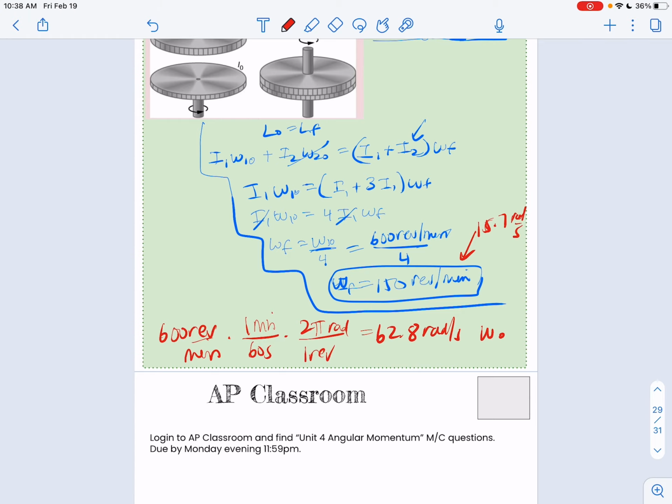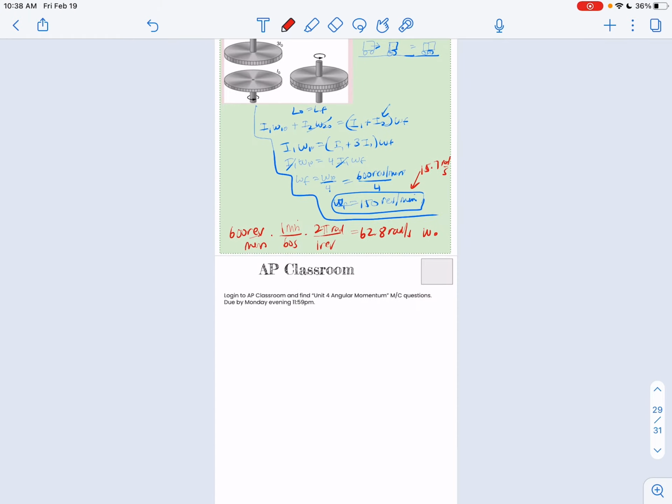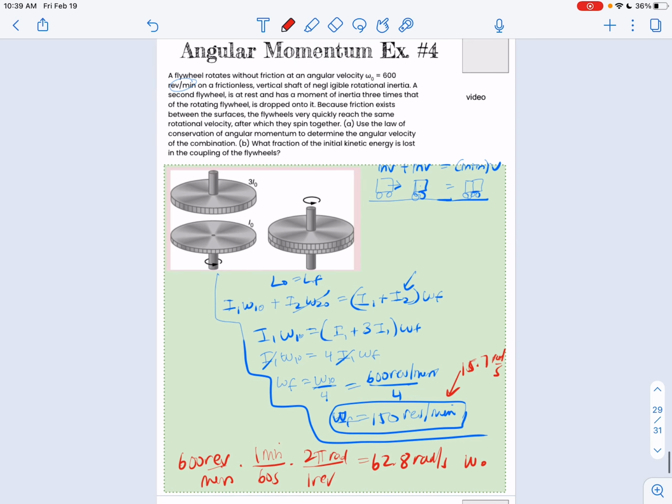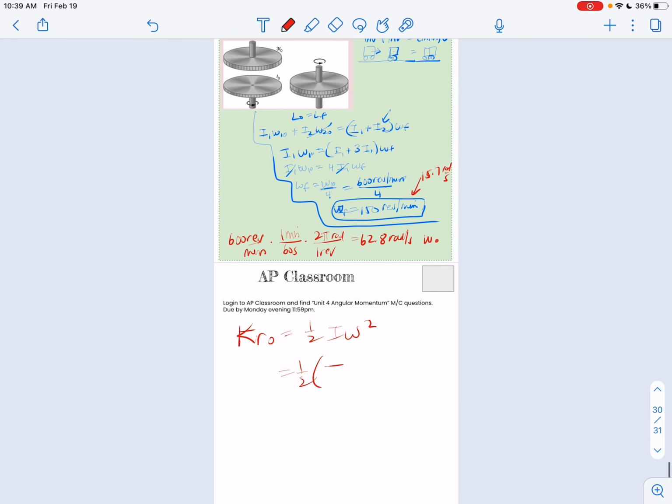So initially, the rotational kinetic energy is 1/2 I omega squared. Does it give us the I? It just says fraction, so let's just leave it as I. I wonder if I even want to do this with numbers. It's probably easier if we just leave it in variables.